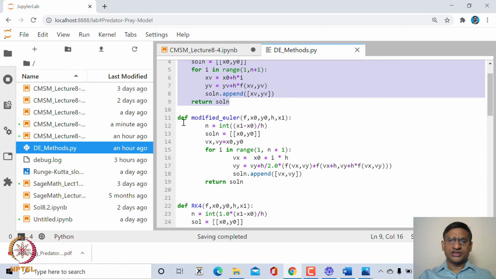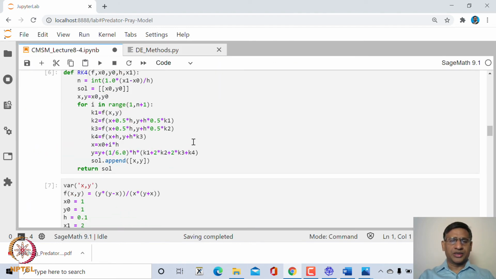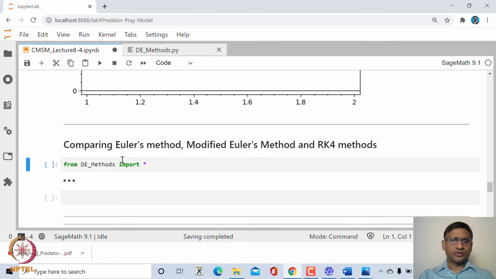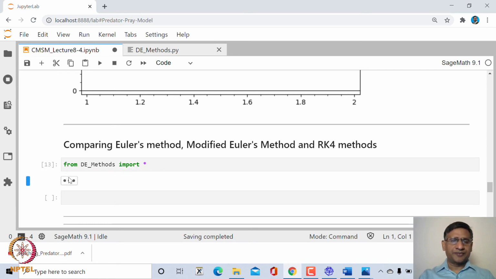These three functions are stored in this. So, let me close this file. All I have done is copy these functions which we created into de_method.py. First let us import de_method, all the functions inside this.